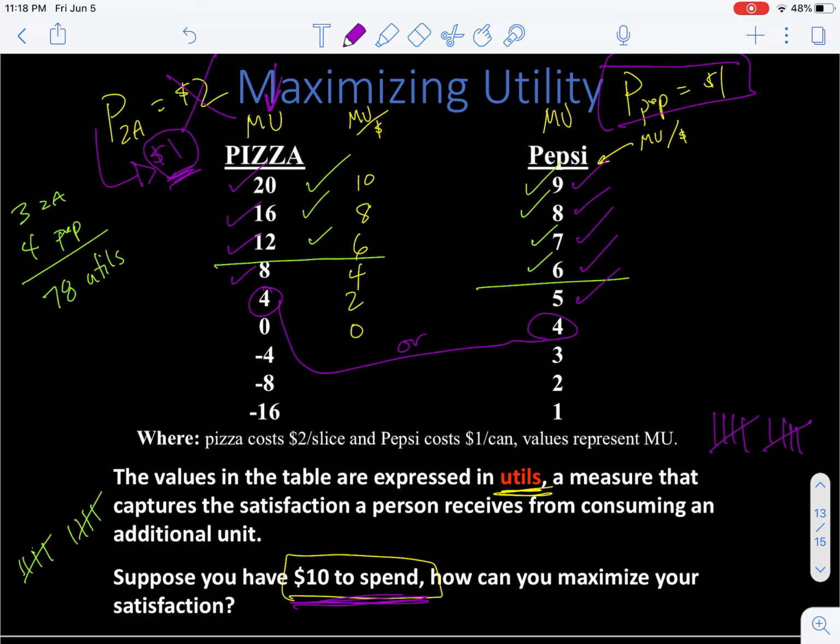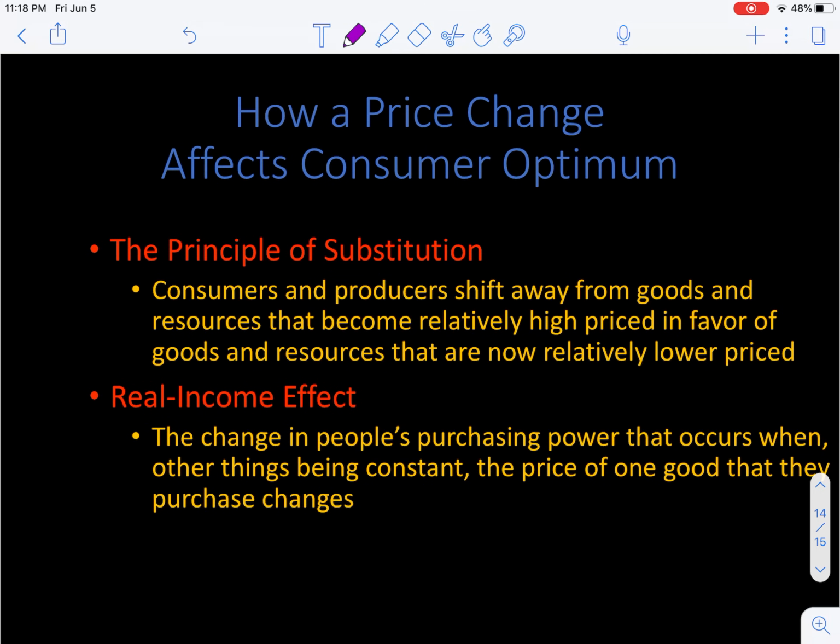So if you have any questions about what we did so far, definitely follow up with me, right? Shoot me an email and we can work through it. But I want to talk now about how a price change affects your consumer optimum. So remember, in our example, the price of pizza went from $2 to $1. But ultimately, our consumption of pizza went up and our consumption of Pepsi went up. And that's because there are two separate effects.